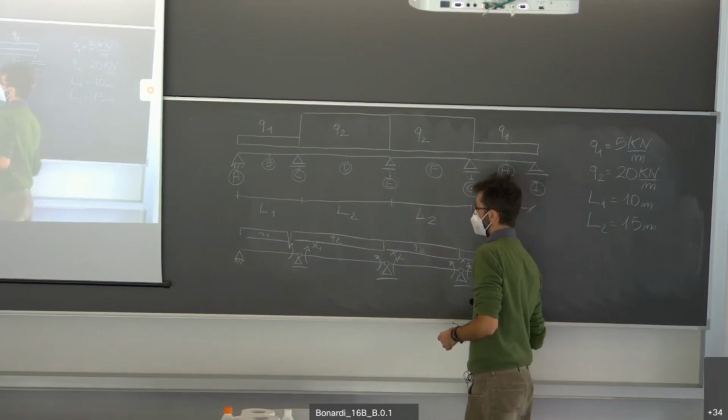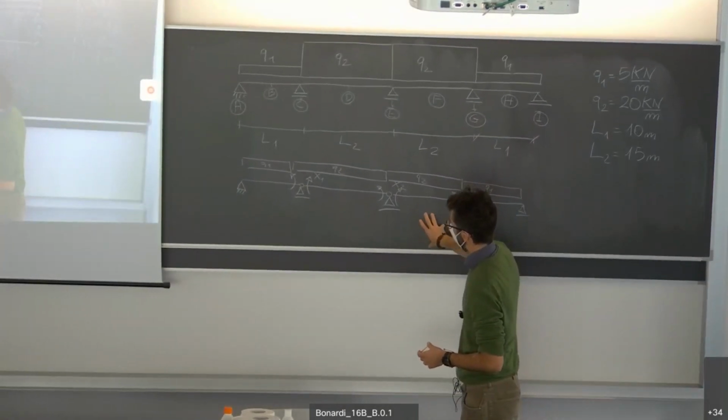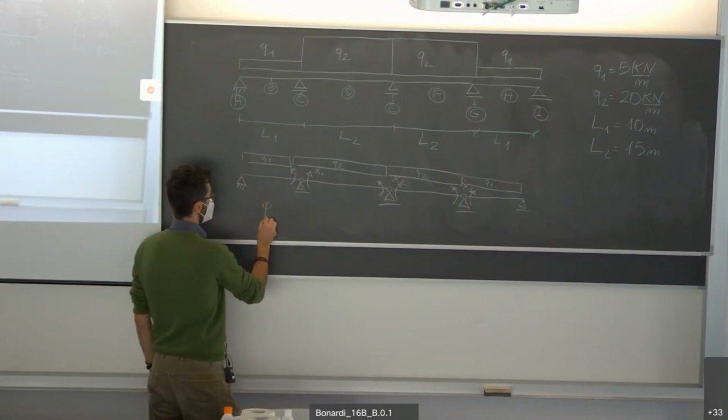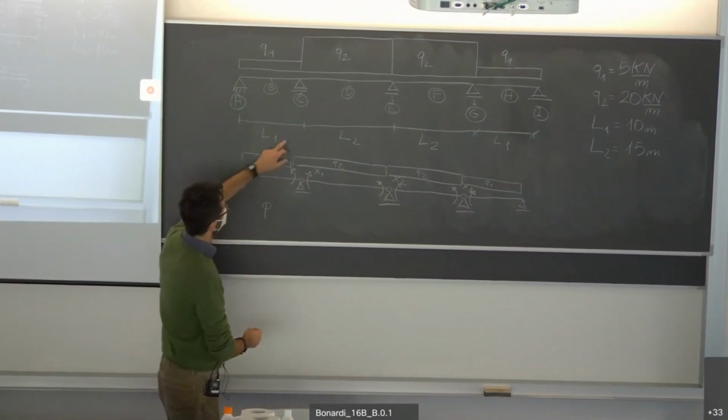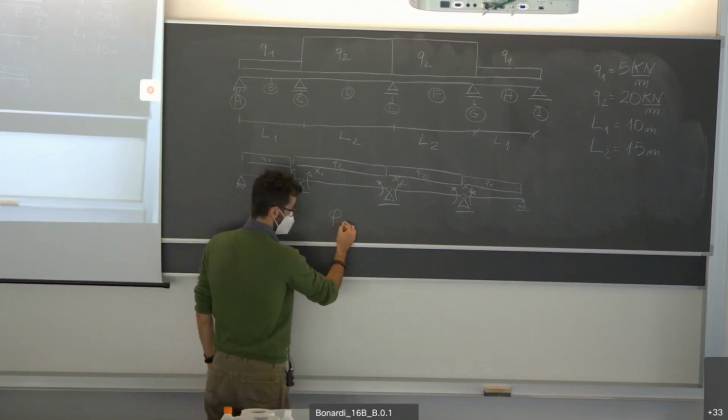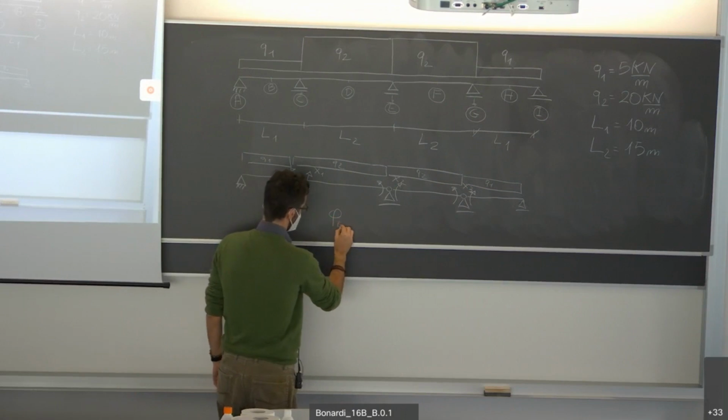So, this is not everything. We still have to add our conditions, our compatibility equations. So the rotation in node C has to be equal to 0, and the rotation in node E equal to 0.